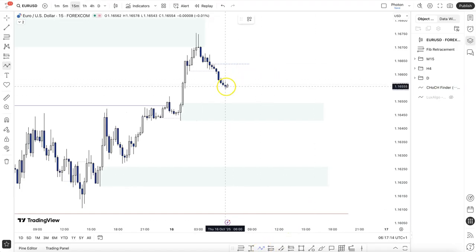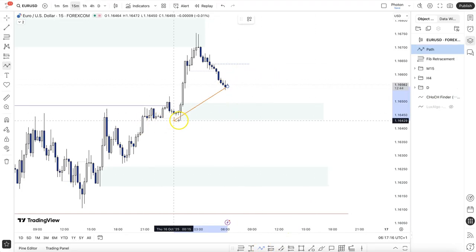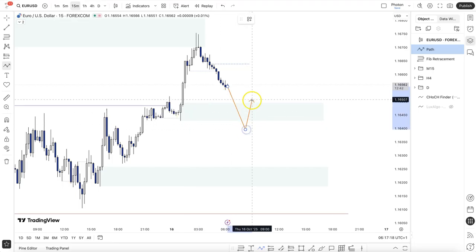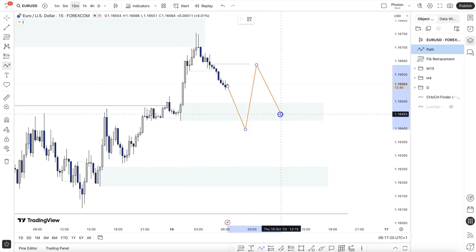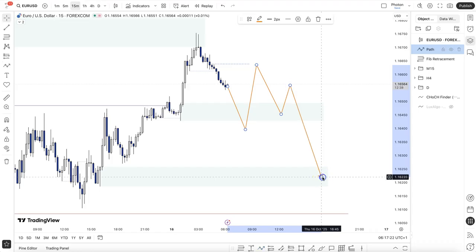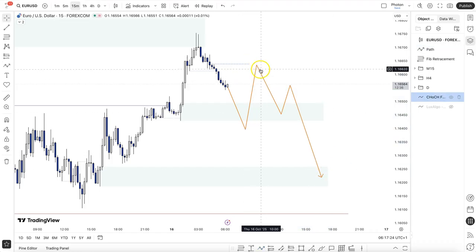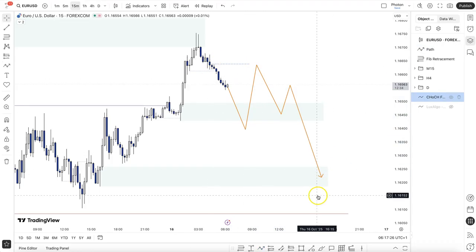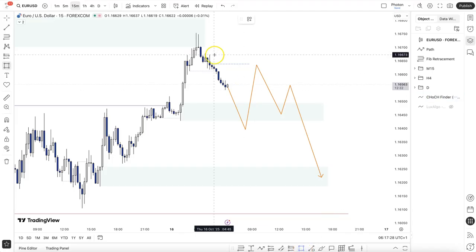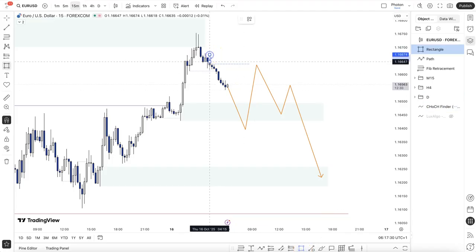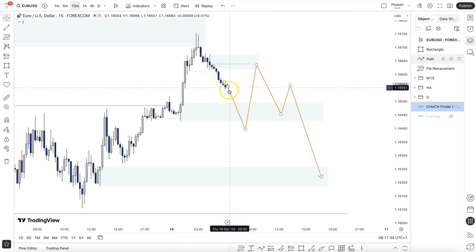I would expect the price to take out these equal lows, and then when it pulls up, I would then look at shorts somewhere here when it pulls up to maybe this zone here, or whichever way price comes.